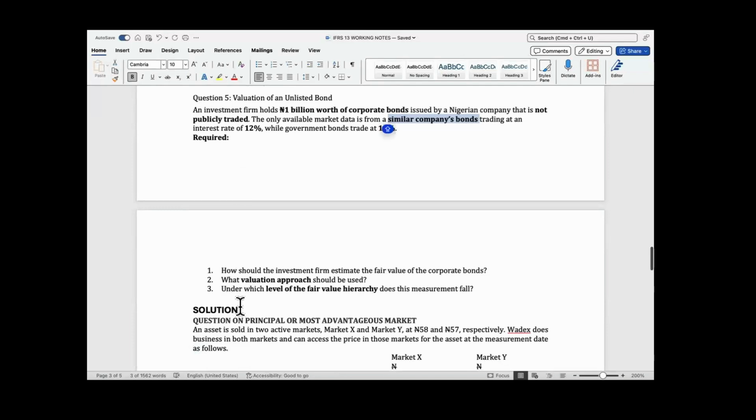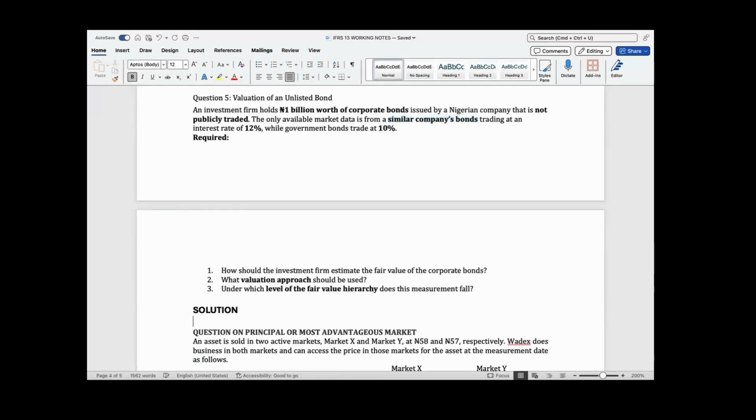So in this case, the fair value will be determined based on the value of the 12% corporate bonds.